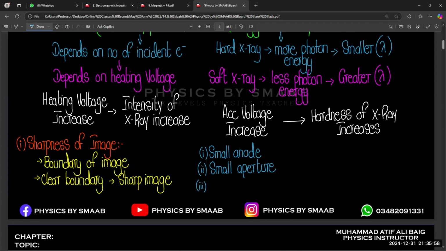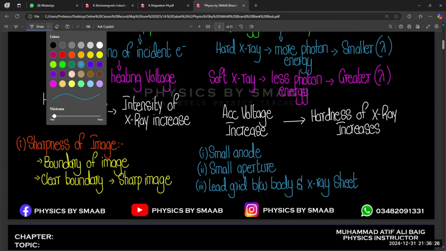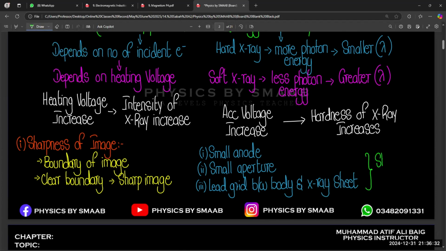Or we can use a lead grid between the body and the X-ray sheet. So these are the factors that help you increase or improve sharpness, right?